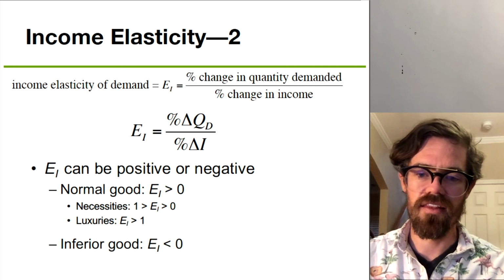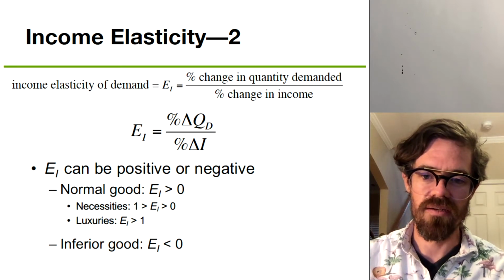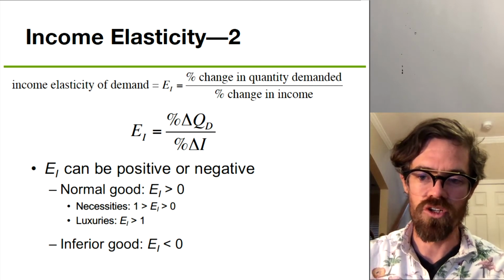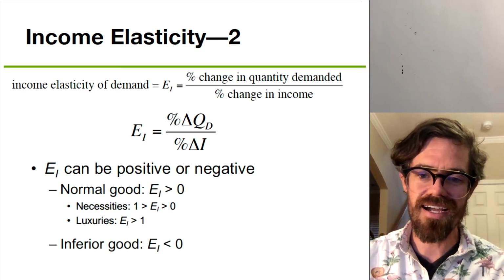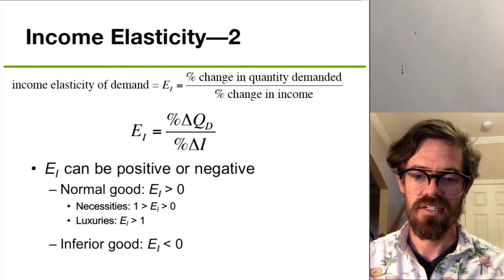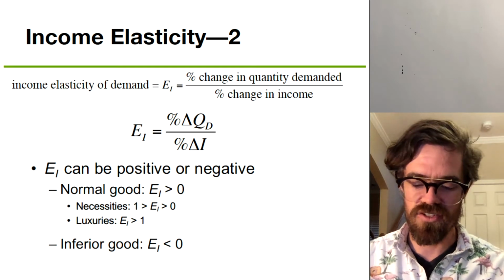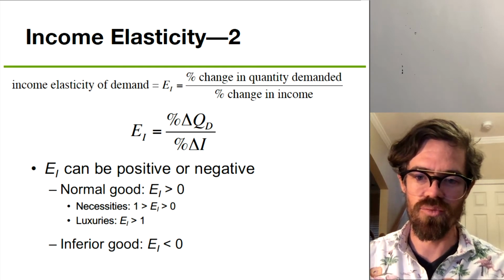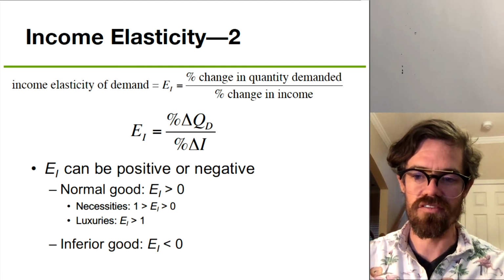There's one other thing that the number tells us, and it's really only if it's a normal good: the size of the number will tell us whether it's a necessity or a luxury. Okay, so if it's in that 0 to 1 bounded region, you can think of this in terms of inelastic, right? It's a necessity.